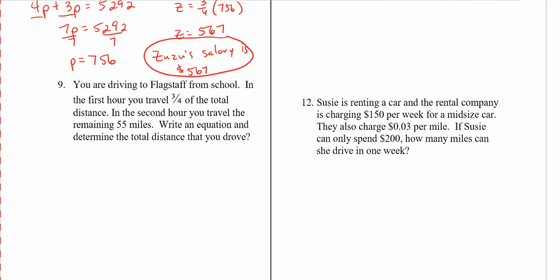Number 9. Driving to Flagstaff from school. In the first hour you travel 3/4 of the total distance. The second hour you travel the rest of the distance, which is 55 miles. Write an equation to determine the total distance you drove. So again, we're going to set up an equation. We need to define a variable. I'm going to say that d is the total distance.